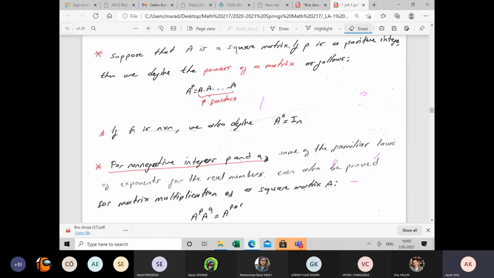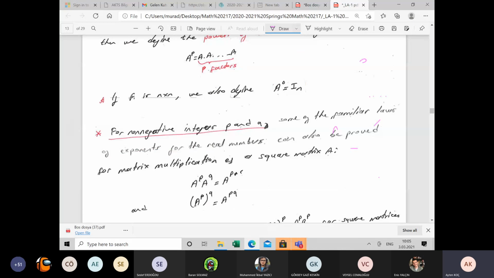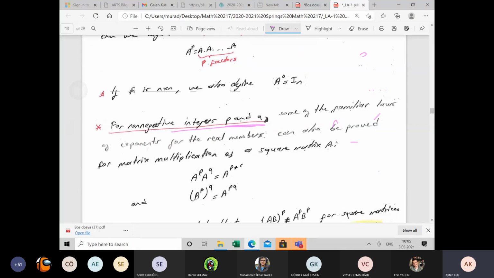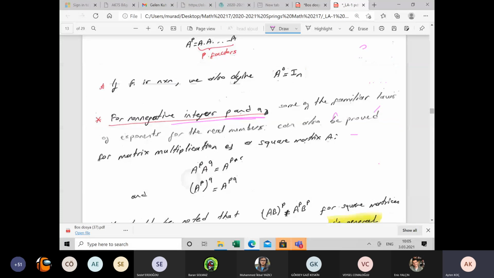A should be a square matrix. So now take two non-negative integers p and q. It's okay. So A to the p times A to the q is equal to A to the p plus q, and this one is equal to this one. And also let's come back here.